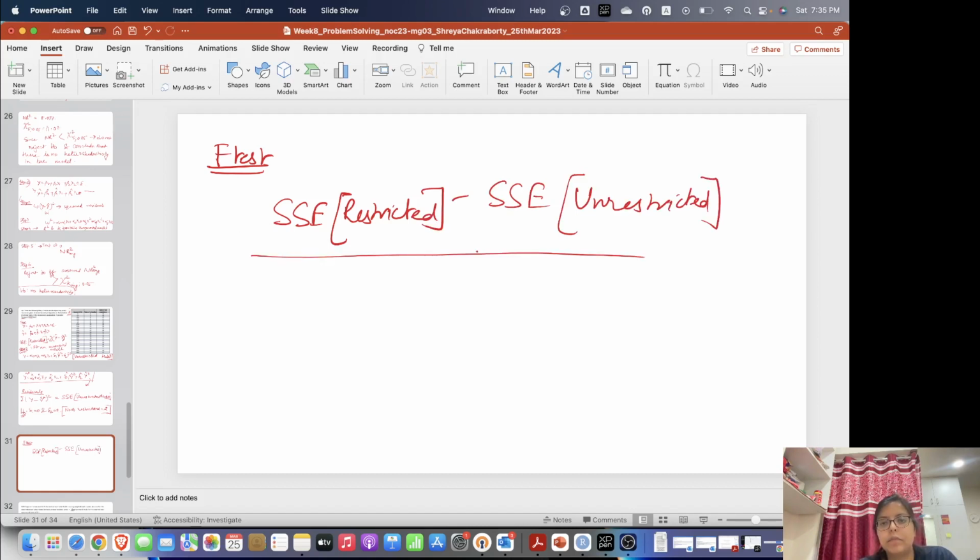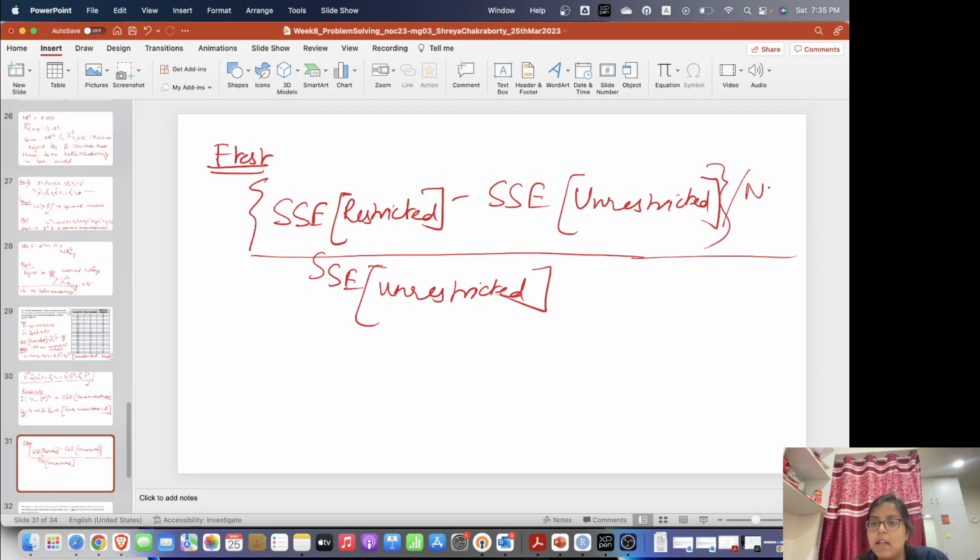The numerator should be divided by the number of restrictions, and this should be divided by the sum of squares error from the unrestricted model over the degrees of freedom of errors from the unrestricted model.